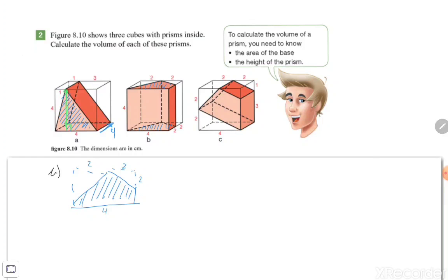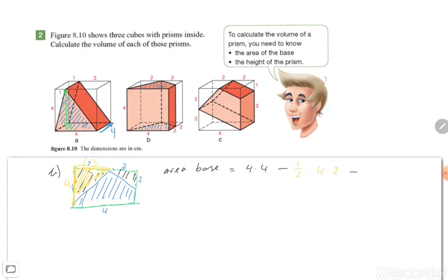To calculate that part, I'm going to make a square around the whole shape, because for the area of my base we're going to do 4 times 4, and then subtract those 2 triangles. If I look at the first triangle, this line is 4, the other one was 2. So minus a half times 4 times 2.